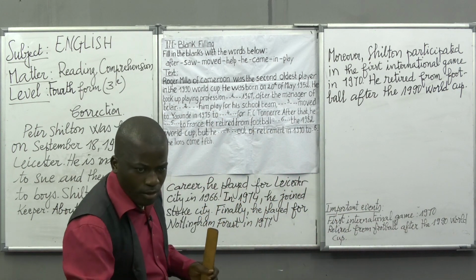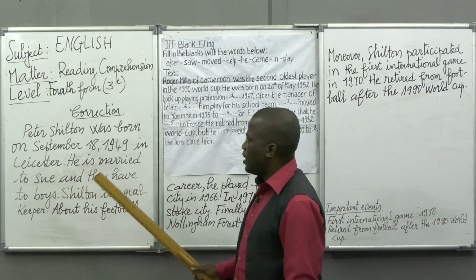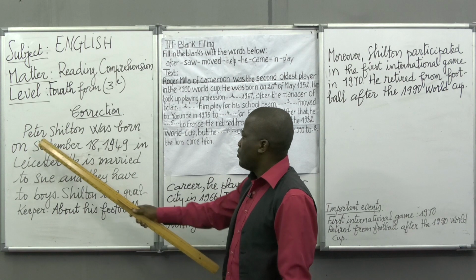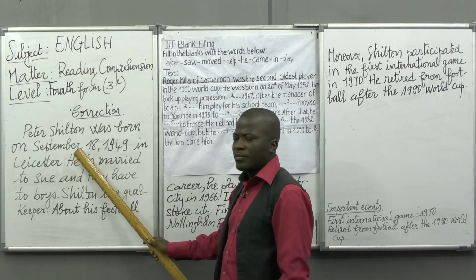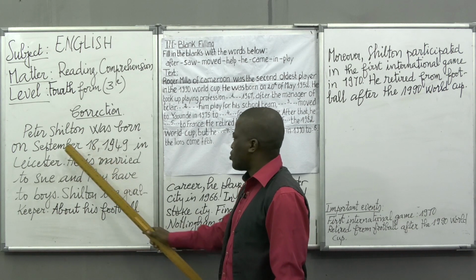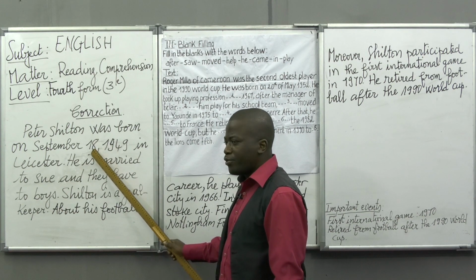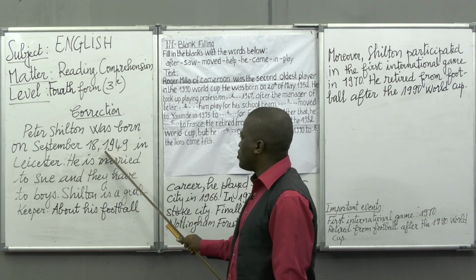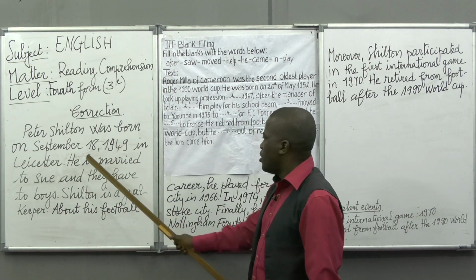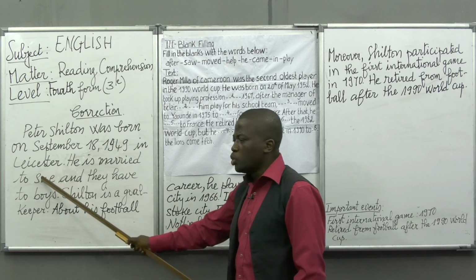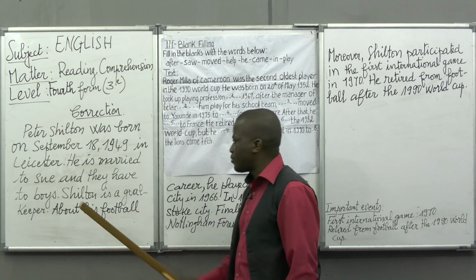Okay. Now here is our text, class, about Peter Shilton. Let's read it again for the last time. Peter Shilton was born on September the 18th, 1949 in Leicester. Good. He is married to Sue. This is the name of his wife. And they have 2 boys.